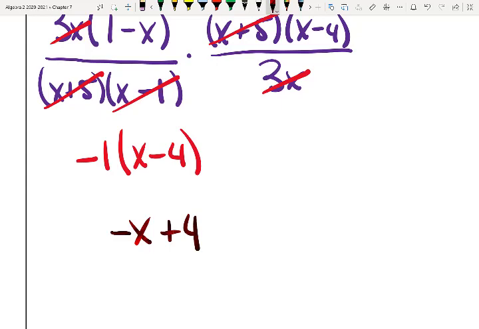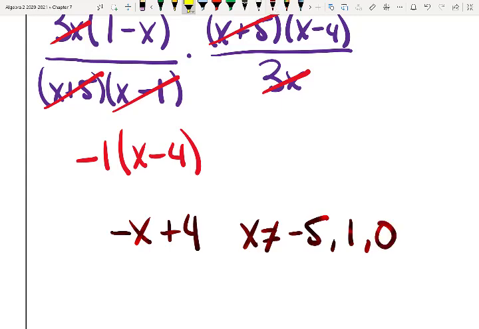Now, most of us, as we go along, will probably start being able to identify these restricted values without having to show our work, because it's really like solving those quadratics back in chapter 2, where each of these parentheses, if we just set them equal to 0, it always just gives me the opposite of what I see. So my restricted values here would be that x can't be -5, it can't be +1, and it can't be 0.